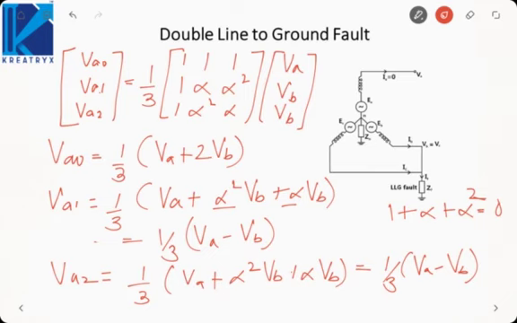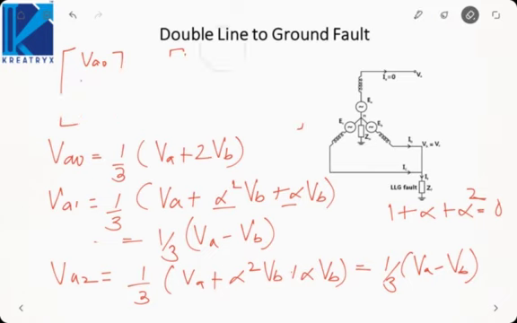If these voltages are equal, then these networks will be connected in parallel. But the zero sequence and the positive and negative sequence voltages are unequal. So to find the voltage difference between them, we will just subtract VA1 from VA0.